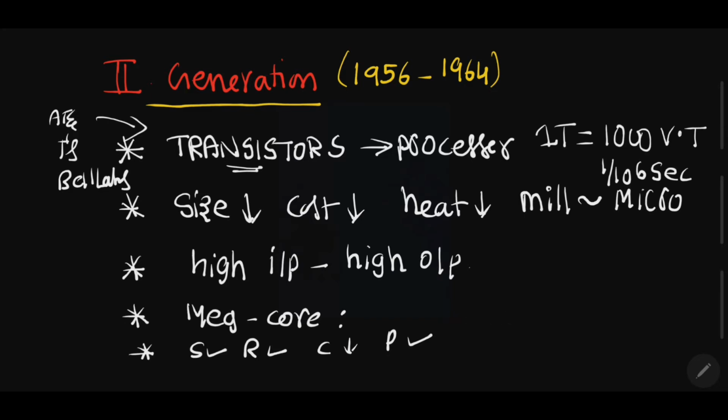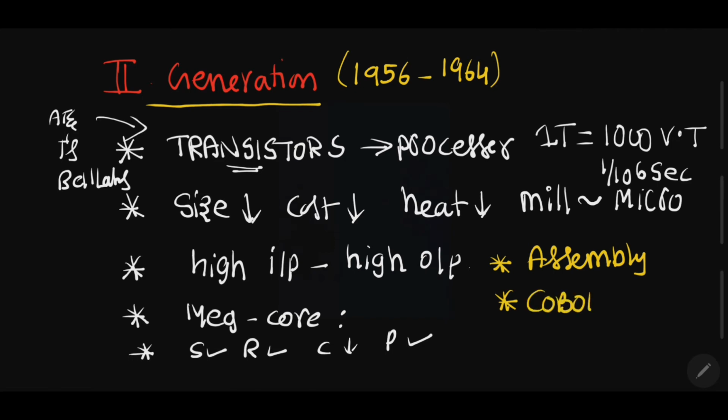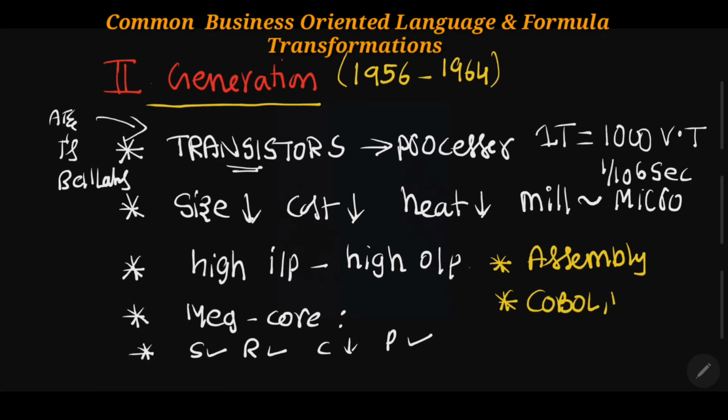Okay, and for programming languages, some assembly level languages are used, like microprocessor languages, and some high level languages are also used, like COBOL and FORTRAN: formula translation, and common business oriented language.